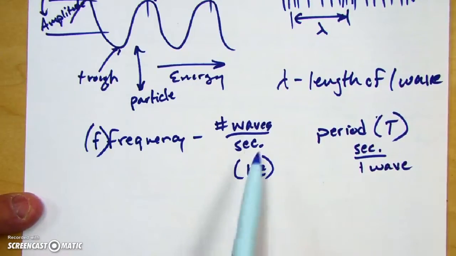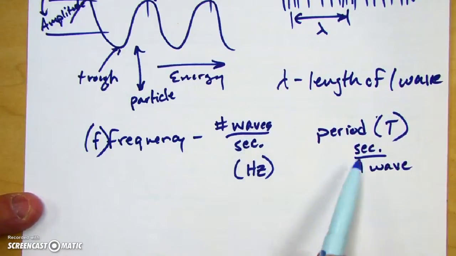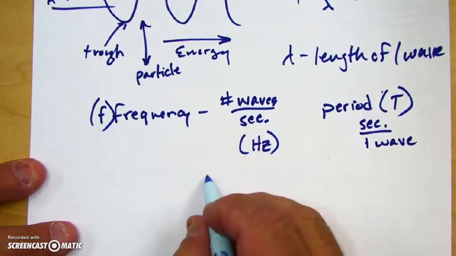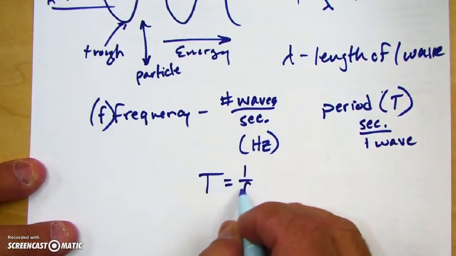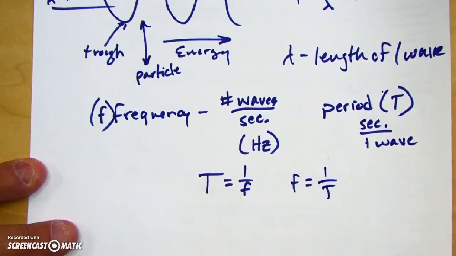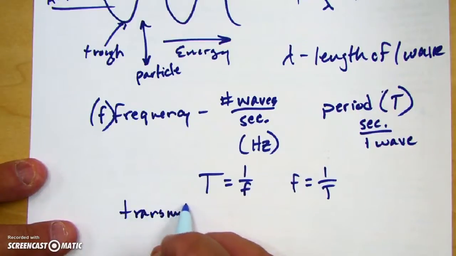Now, it's key to understand that if this is waves per second and that's seconds per wave, they're reciprocals of each other. T is equal to 1 over f, and f is equal to 1 over T. They are simply reciprocals of each other. Key thing to understand, waves transmit energy, and that's really what's happening here.